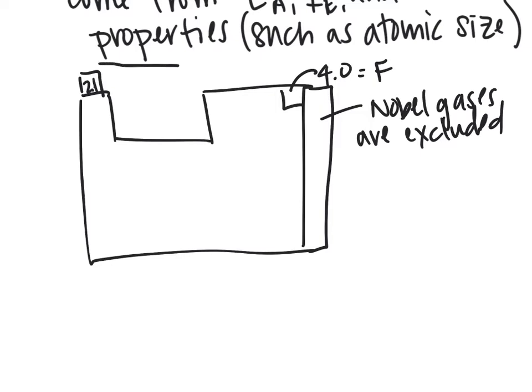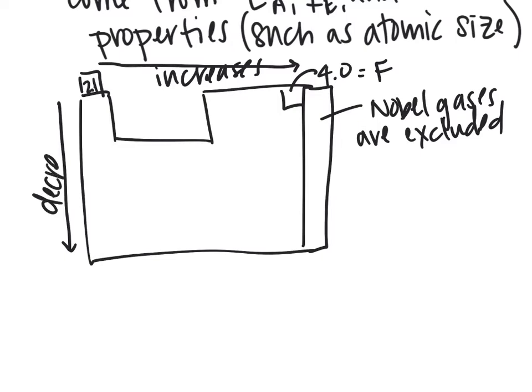The trend, as we march across the periodic table, is that it increases. And as we go down the table, it decreases. So we can tell that a compound created with fluorine would have a high electronegativity value.